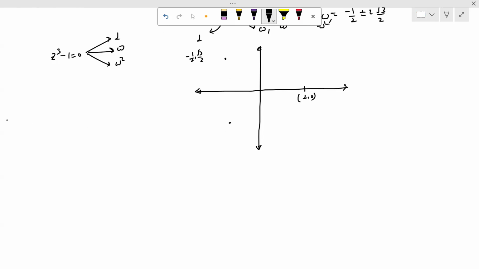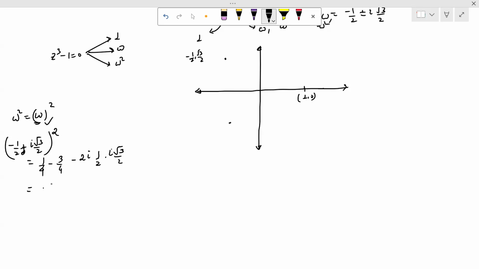See, omega square, remember, is literally the square of omega, so it is omega whole square. If you want to do it, you can do it also. If you want to find (minus 1 by 2 plus root 3 by 2 iota) whole square, you will get 1 upon 4, minus 3 upon 4, and then minus 2 times 1 upon 2 into iota root 3 by 2.